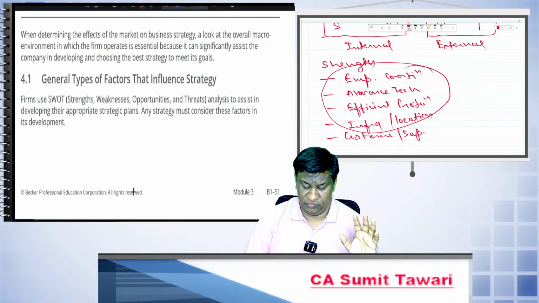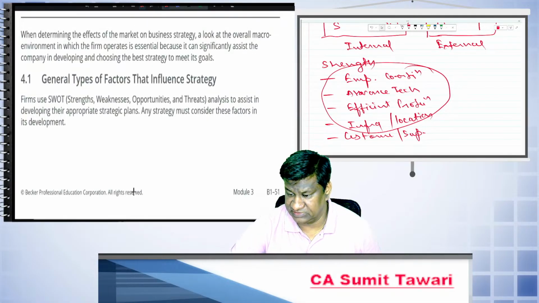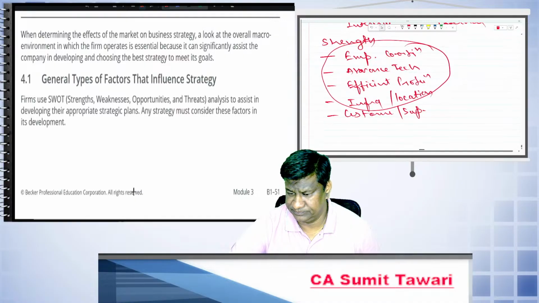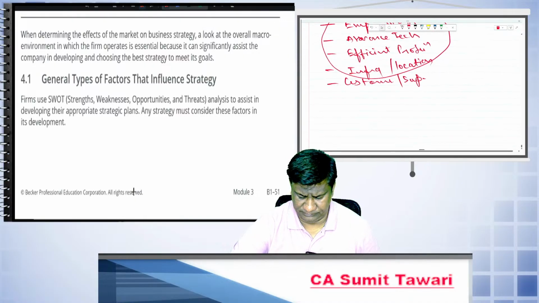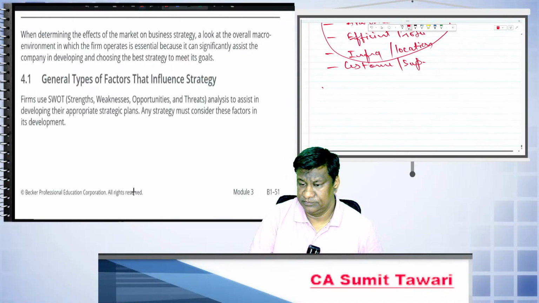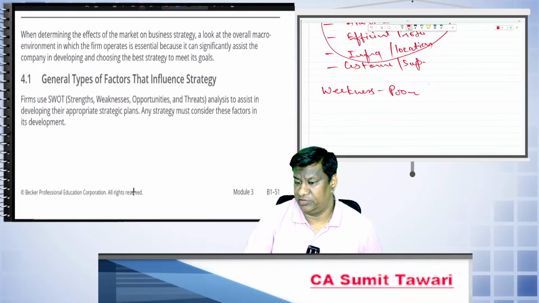Now, can you tell some examples of weaknesses? Poor maintenance of machineries. Yes. Or lack of planning. Lack of coordination among the employees.